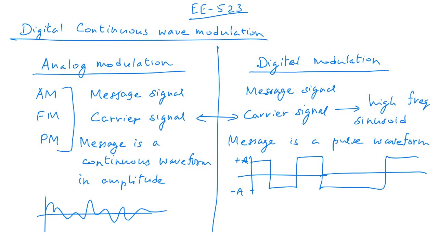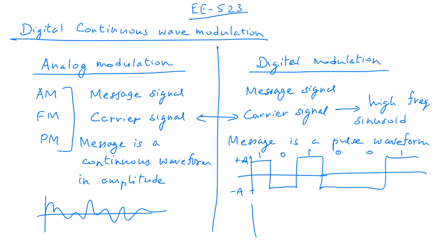So the ones and zeros, for example 1 0 1 0 0 1, we map according to some line code. If you remember, in chapter 1 we talked about line codes to represent the digital information, the bits, as a waveform, and then that waveform will modulate a high frequency carrier signal.